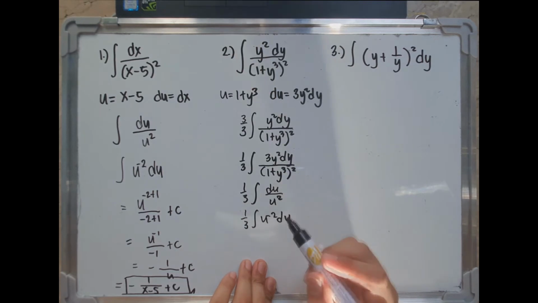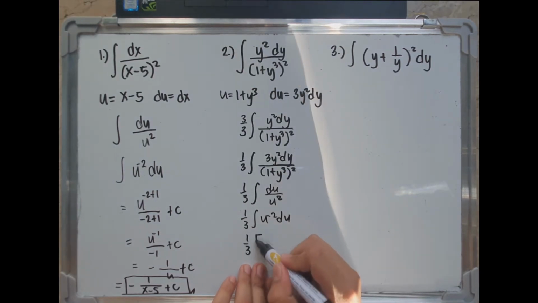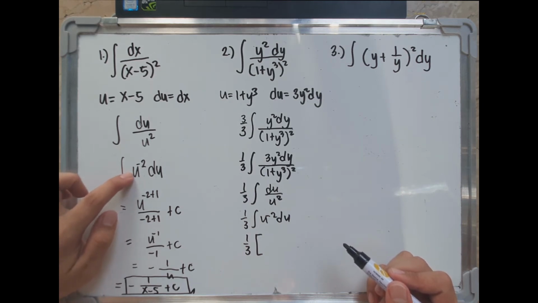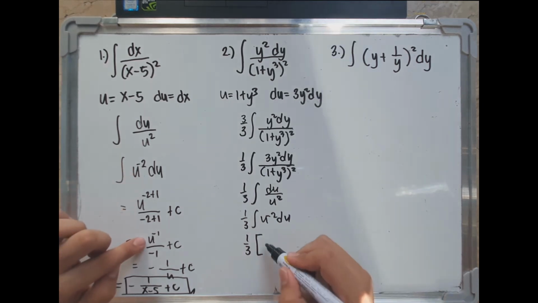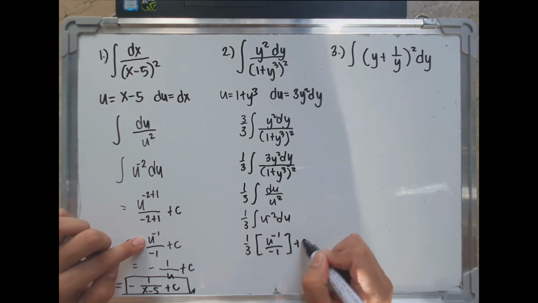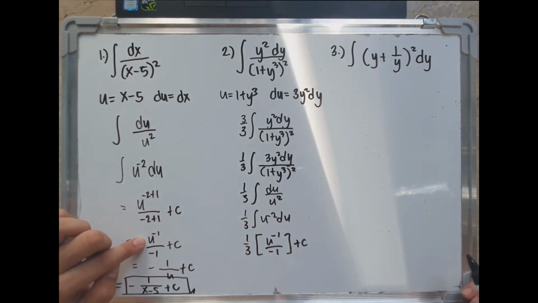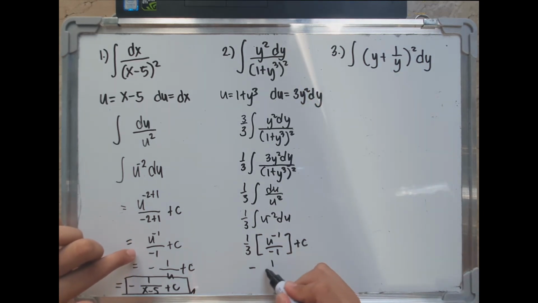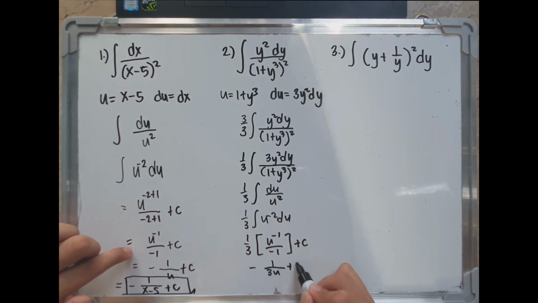Integrating this, we now have 1/3 u raised to the power of negative 2, that is u raised to the power of negative 1 over negative 1 plus c, of course. So we will be having negative 1 over 3u plus c.